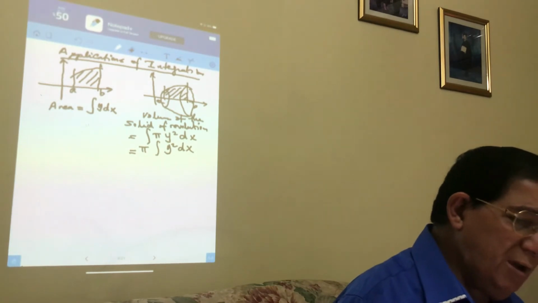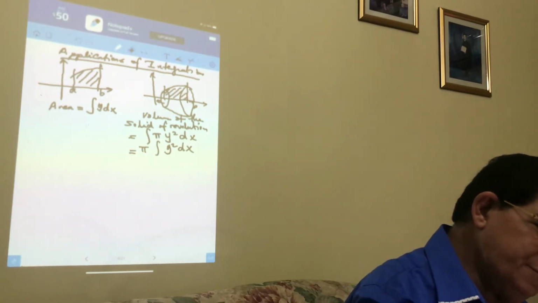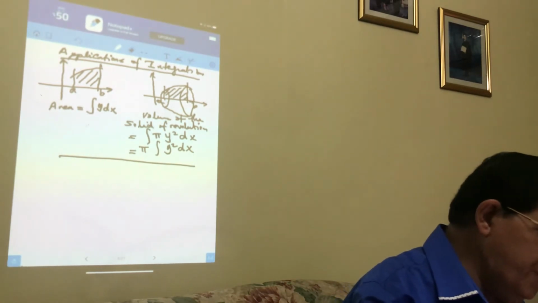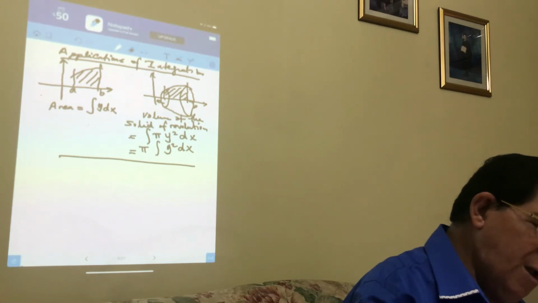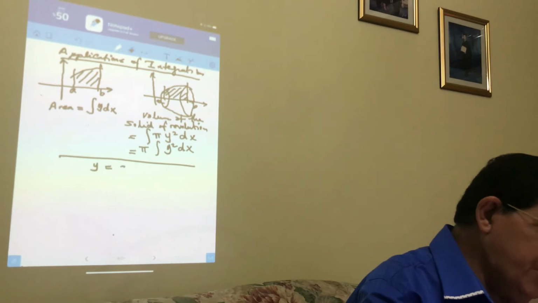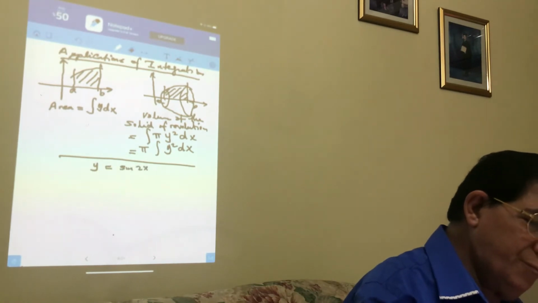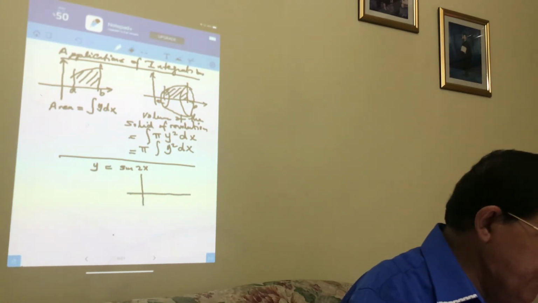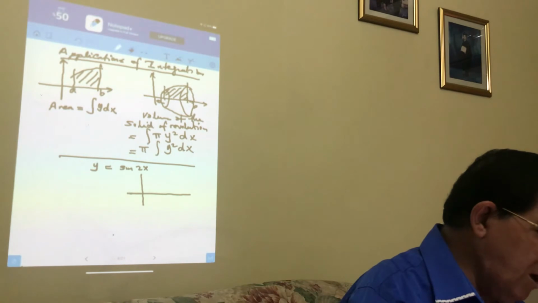Now let us take an example. The curve is y equals sine 2x, and we are going to look between 0 and pi over 2.